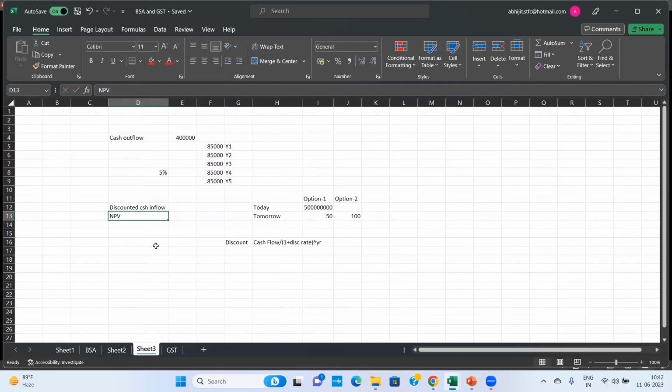Please do this exercise right now, considering the discounting rate as 5%. I'll give you 10 minutes for this. Please do this, and write your answer in the chat box.